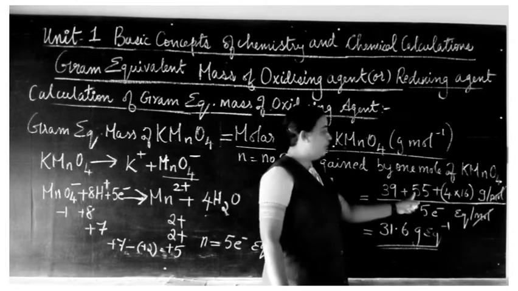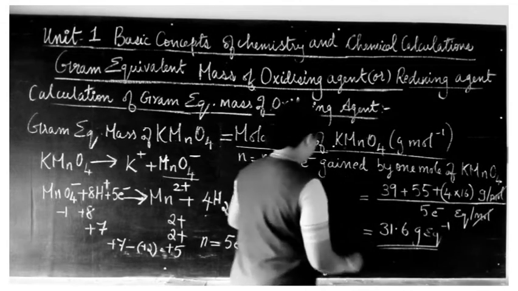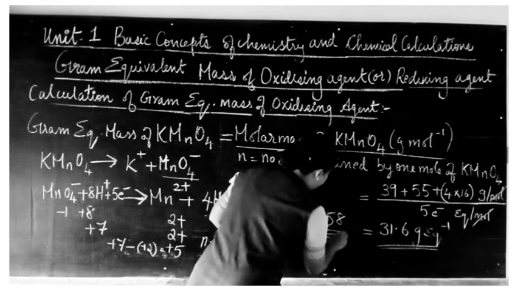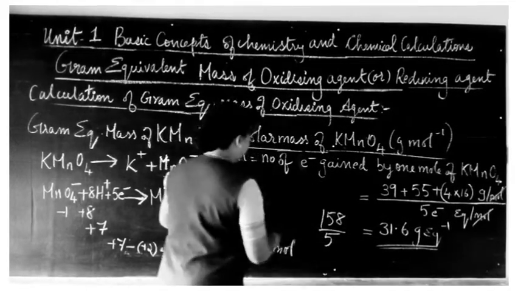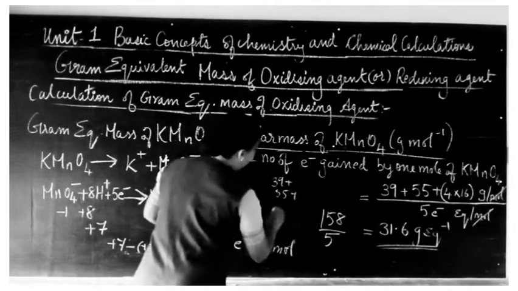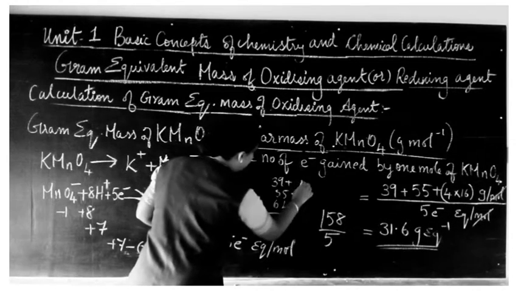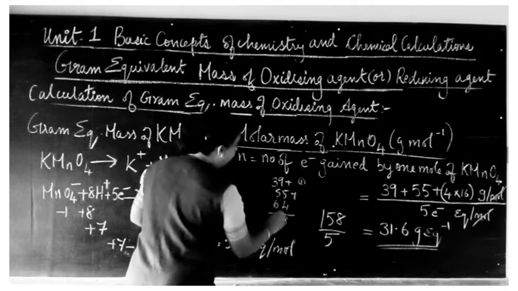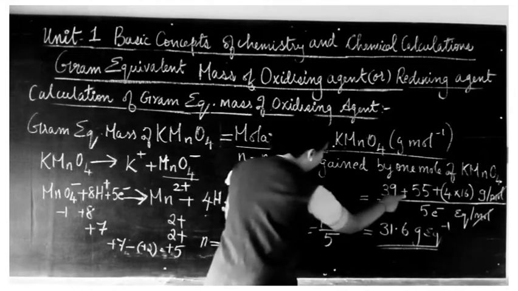So 39 plus 55 plus 64: 9 plus 9 is 18, carry 1, 5 plus 3 is 8, 8 plus 1 is 9, 9 plus 6 is 15. So 158, divided by the equivalence factor N.